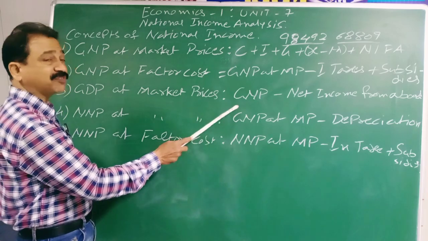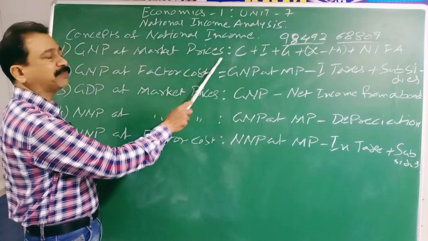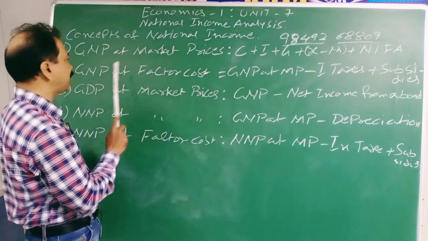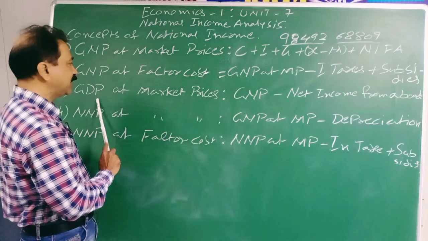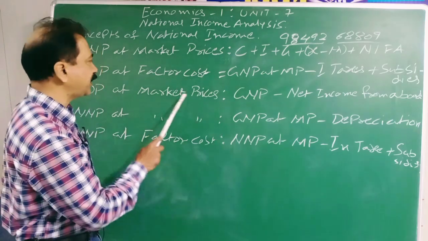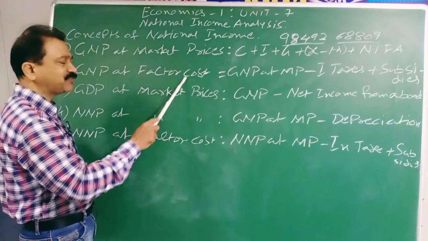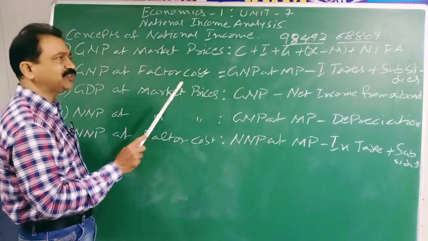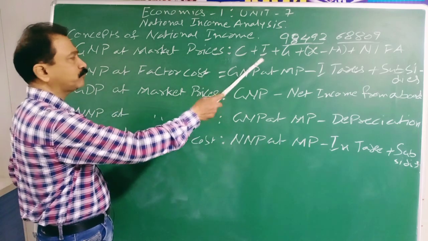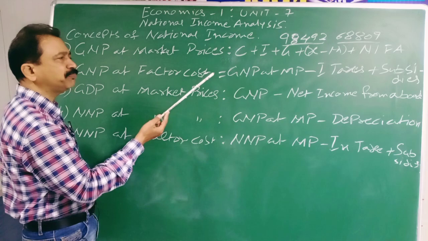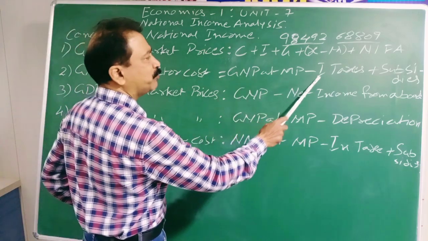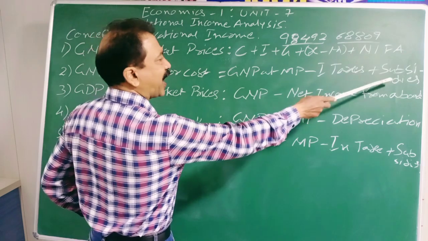So again, for this, what is the base? GNP at market prices is the base. From GNP at market prices only, we will calculate GNP at factor cost and GDP at market prices. Okay, I hope you did get it easily, because as we go, the things will become easier. Only understanding GNP at market prices takes a little bit of time. Next, factor cost. Simplest thing. All you have to do, from GNP at market prices, is remove indirect taxes and add subsidies.